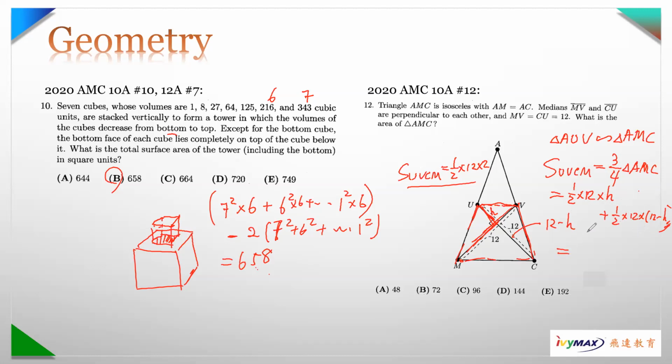So that leaves you the answer that the area of the trapezoid is just half of 12 times 12. Okay, after you get that, the area of the trapezoid is just 3/4 of the area of AMC. So that gives you the answer of C, 96, I believe.